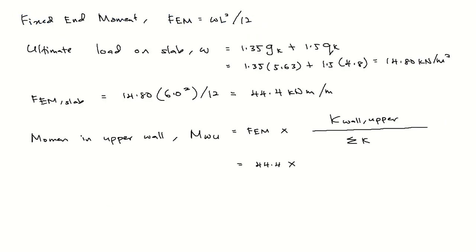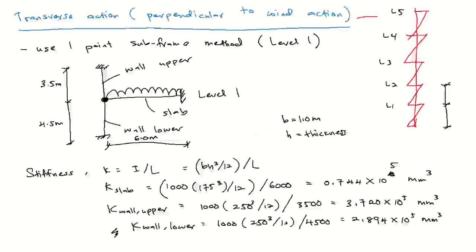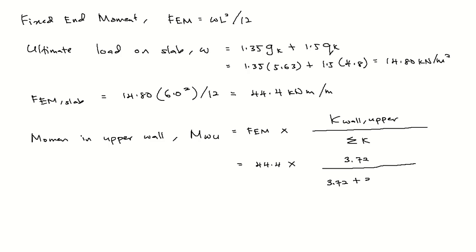So K for wall upper just now is 3.72 divided by the total K: 3.72 for wall upper plus 2.894 for wall lower plus for slab.